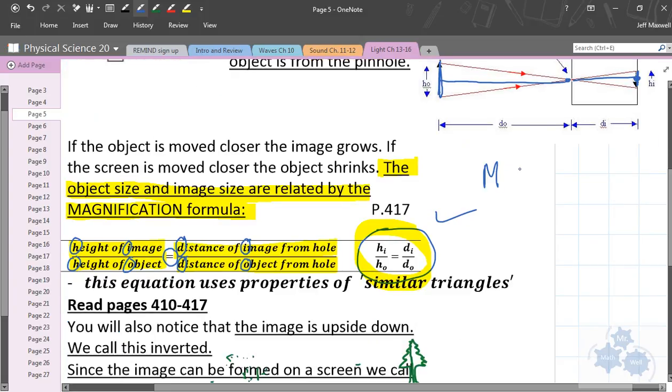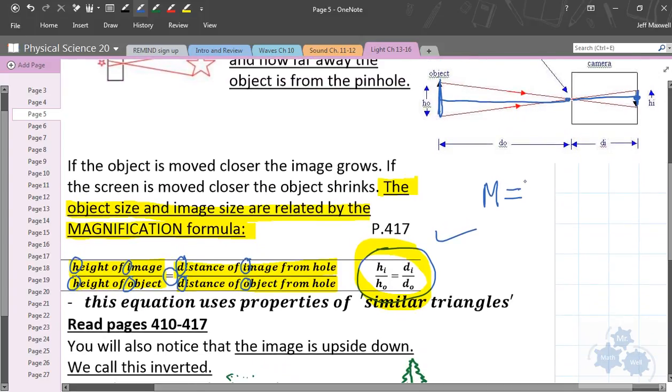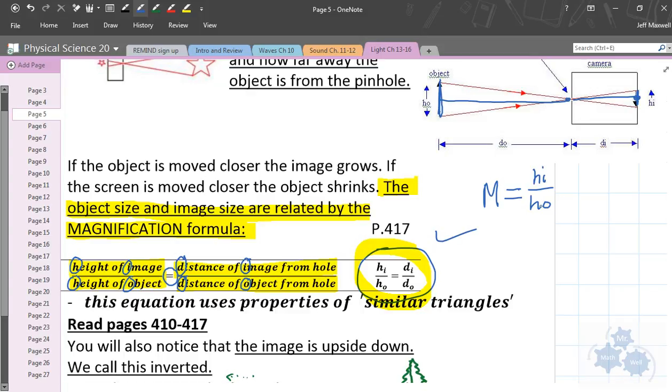We should also talk about the magnification of the camera, which would be either of these ratios: Hi divided by Ho, the height of the image divided by the height of the object. So if you have a large tree and a small image of a tree, the magnification would be a lot less than 1 because the image is smaller.